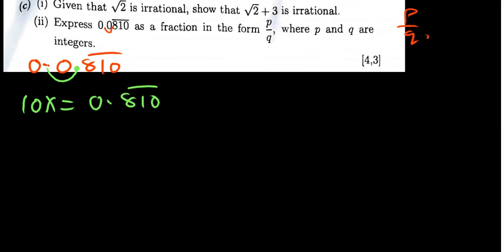Next, I'll move from the original all the way 1, 2, 3, 4, where the bar is ending again. I've moved 4 steps, meaning I need to add 4 zeros, which is 10,000x to be equal to this.